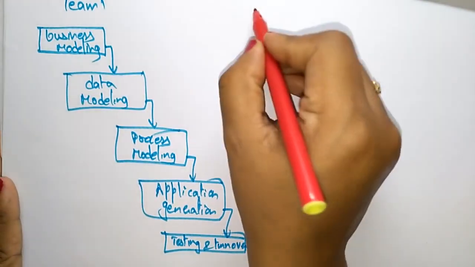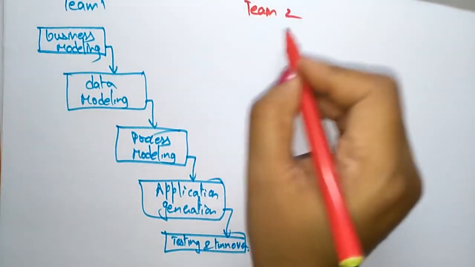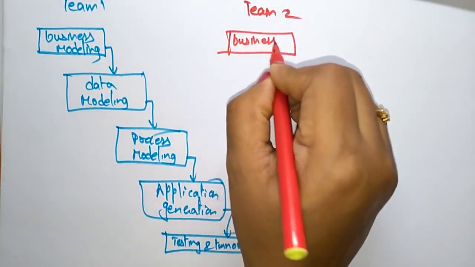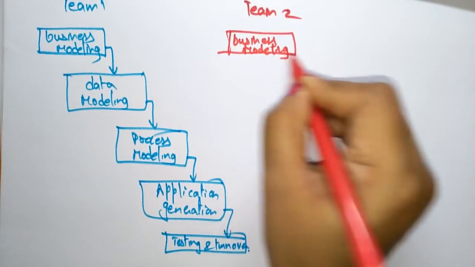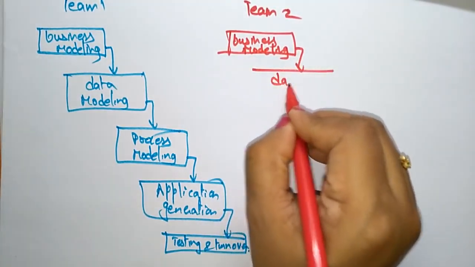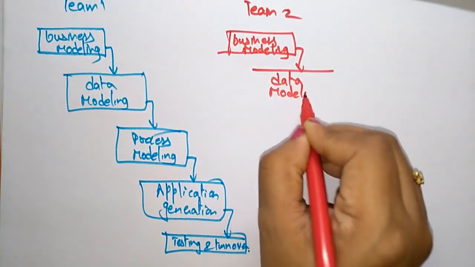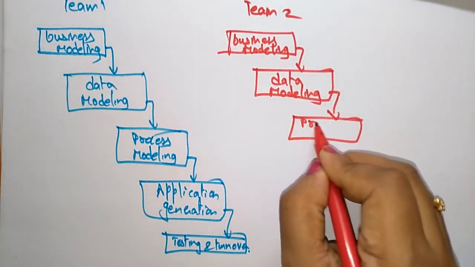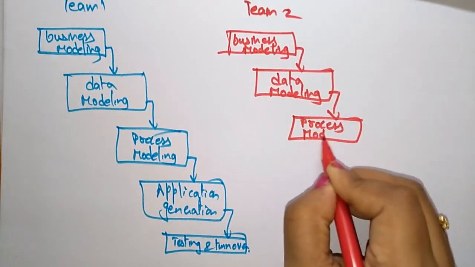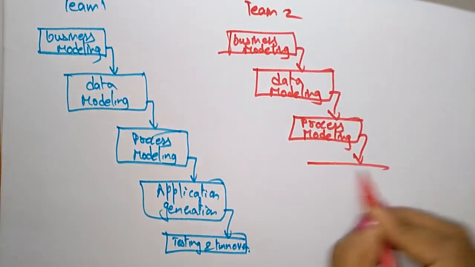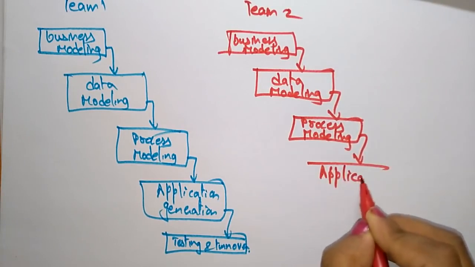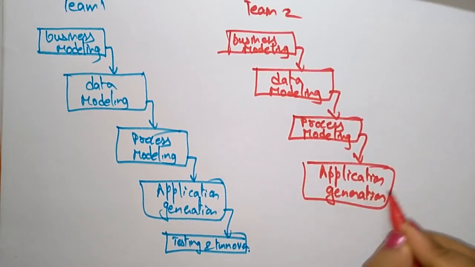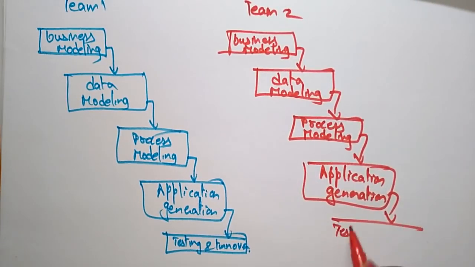Next, in the same way, team 2. So team 2: business modeling, data modeling, process modeling, next application generation, next testing and turnover.